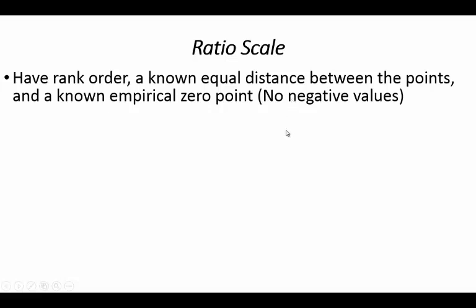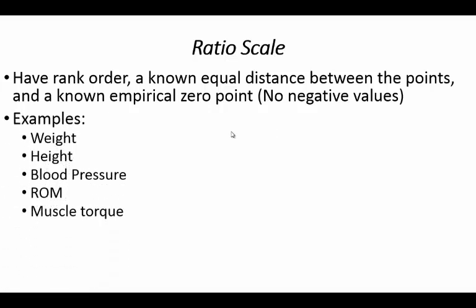We have many variables that fit under the ratio scales. For example, weight. We can have 0 weight, which means it weighs nothing. 0 height means the height is 0. It doesn't have a height. But we cannot have negative weight. We cannot have negative height.